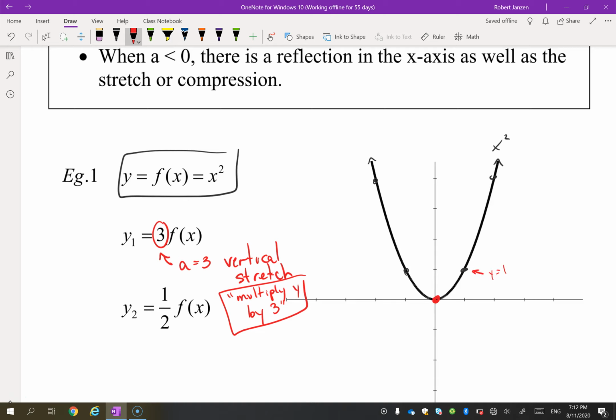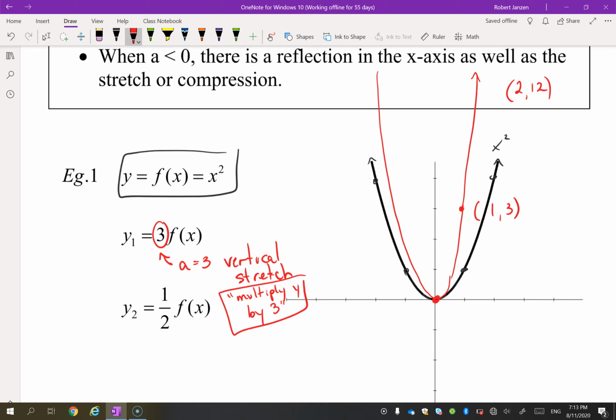The y value is 1. If I multiply that by 3, it turns into this point. And if I take this y value, which is 4, and I multiply it by 3, I end up with the point 2, 12. And now you can see why we say that it looks narrower, but really it's not narrower. What's happened is that it's been stretched.